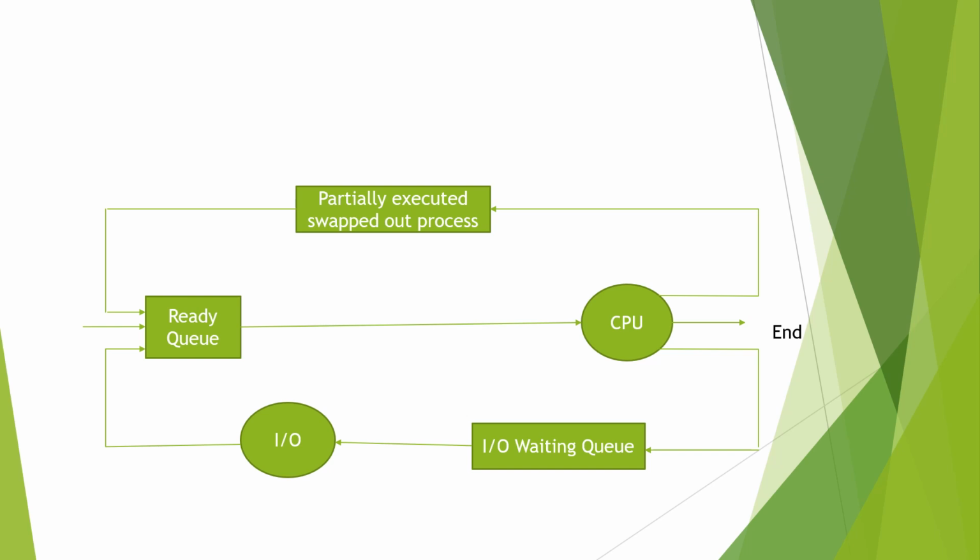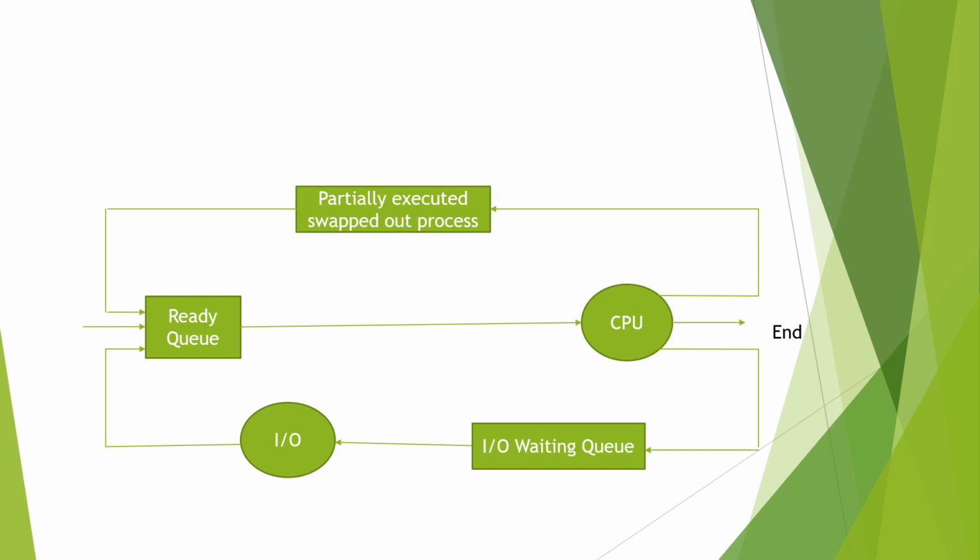In case we have a process P1 in the ready queue, it is allocated to the CPU. And there are three operations that can happen to process P1 once it has been allocated to the CPU. Process P1 can execute fully and it gets terminated or ended.